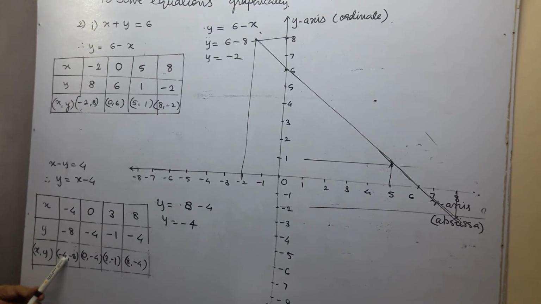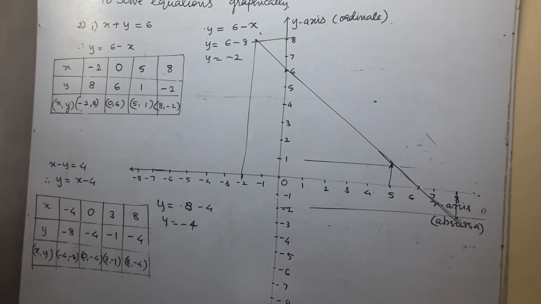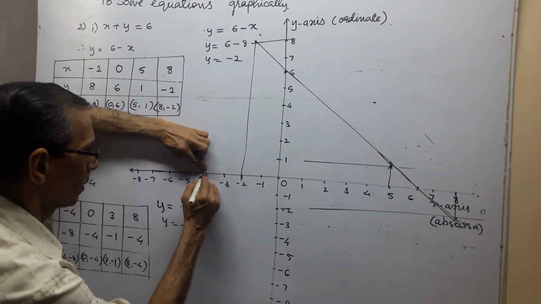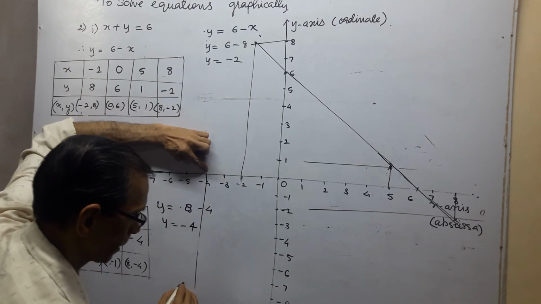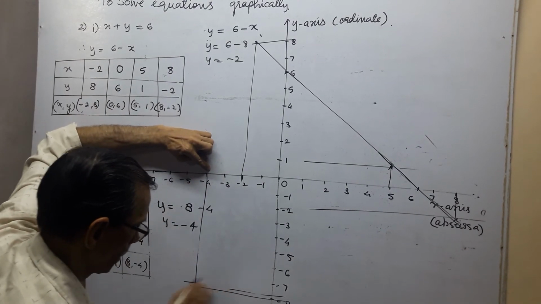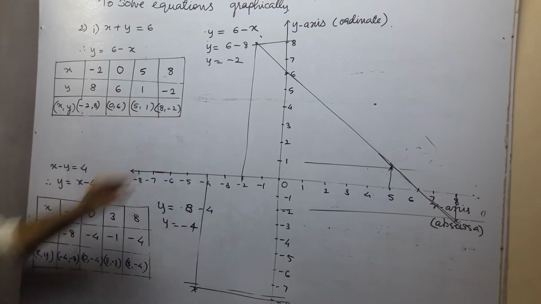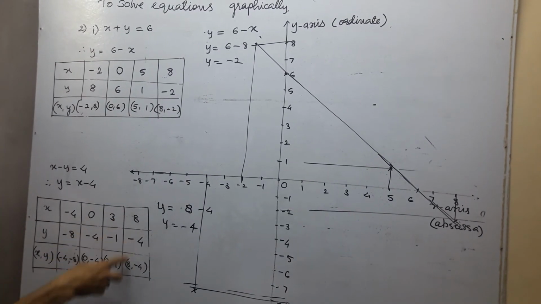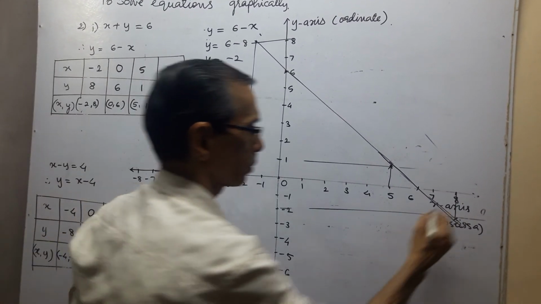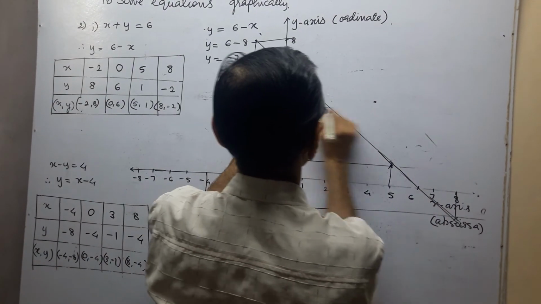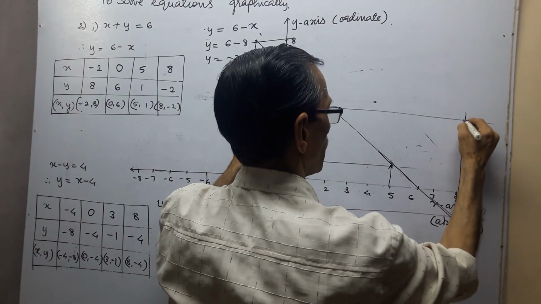So once again, take the first and the last. The first point is minus 4, minus 8. So x coordinate minus 4 and y coordinate minus 8. So point is somewhere here. Here x coordinate 8, y coordinate is 4. So point is somewhere here.